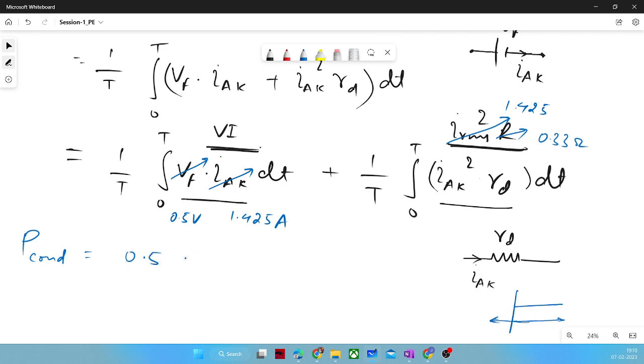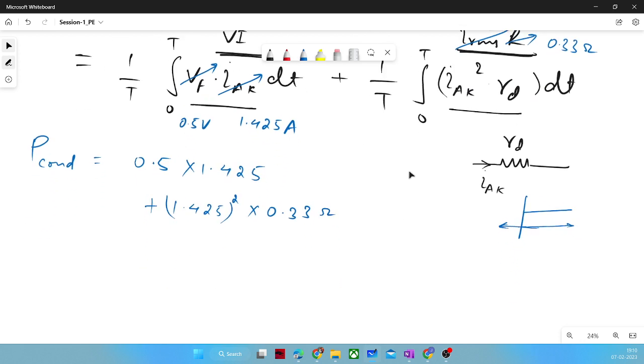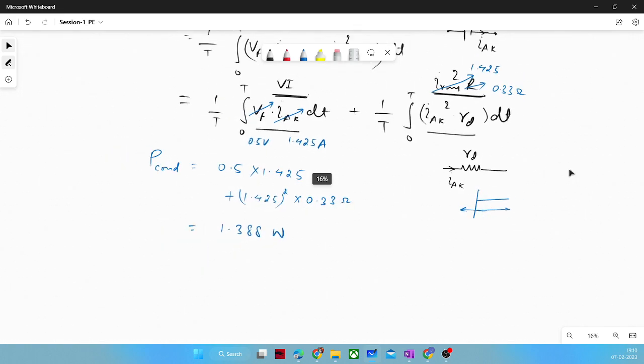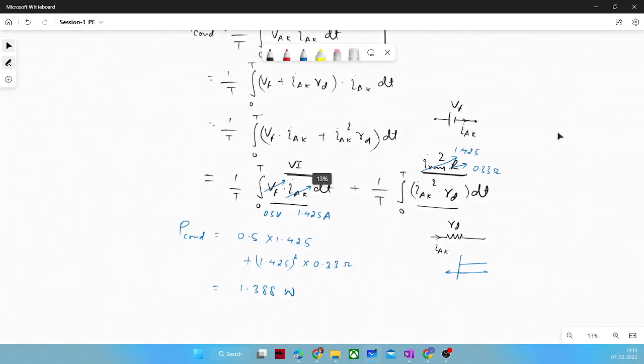So 0.5 into 1.425 plus 1.425 square into 0.33 ohm. If you solve it further, you will get 1.388 watt. Any doubt in this solution from the starting to any point?